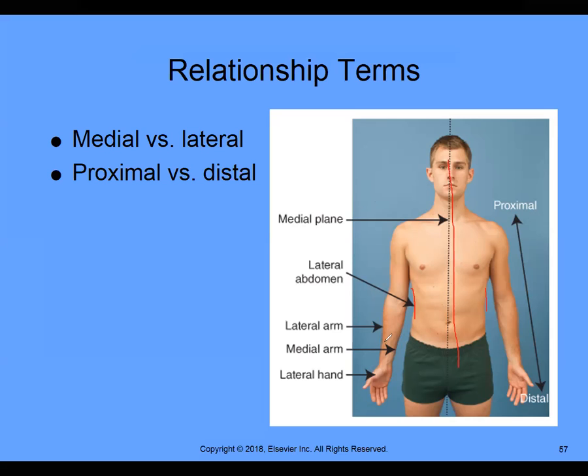So if we look at the arm, we would say that this side of the forearm is lateral, but the inside of our forearm is medial. On our hand, this is lateral and this is medial. And by the way, he is standing in the anatomical position. If I were to look at his legs down here, the inside of his legs would be medial. The outside of his legs would be lateral.